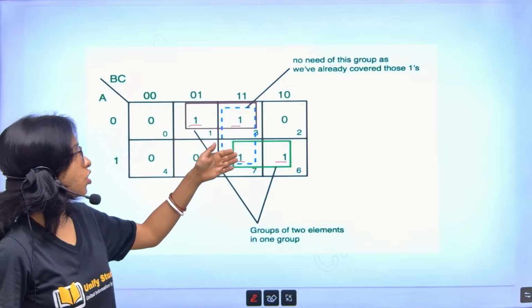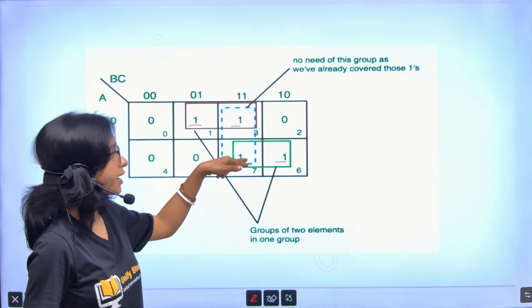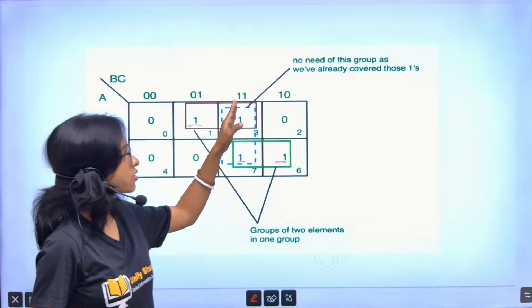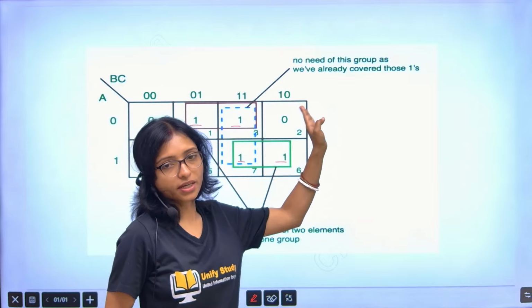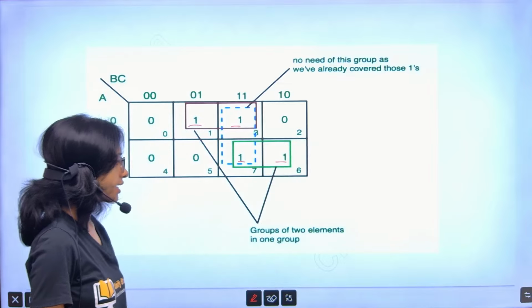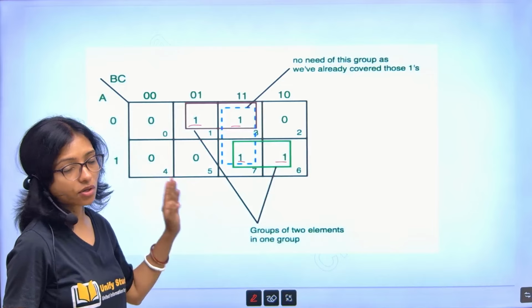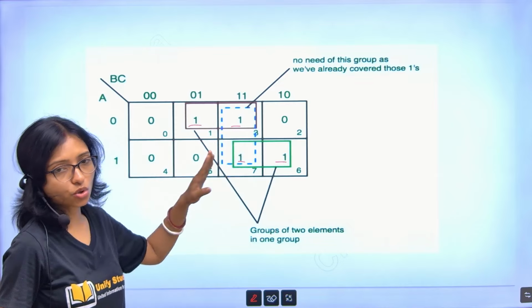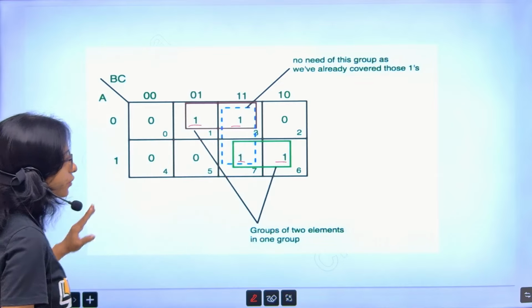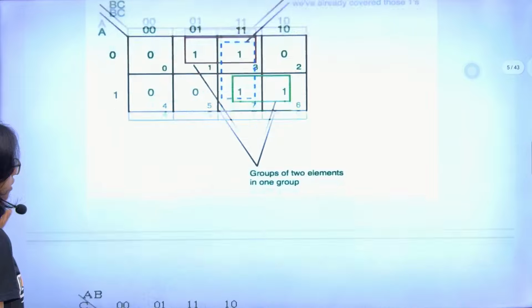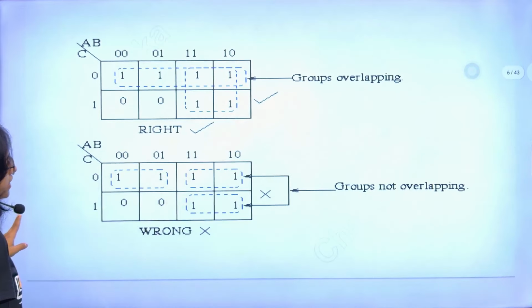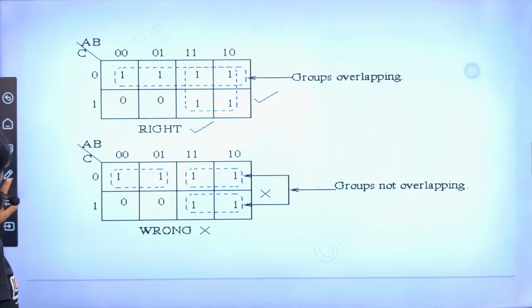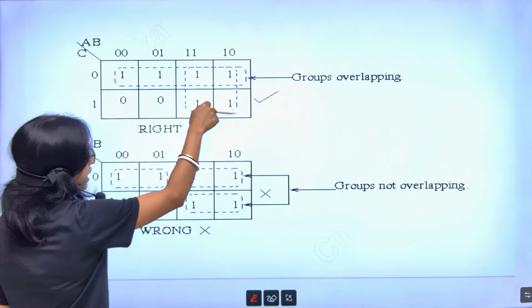When no 1 is left, then don't make an unnecessary group. This is not needed. So don't try to make any unnecessary group. Whenever required, then only do it, otherwise don't. There is no meaning in doing that. Now, here also you can see this group overlapping is allowed. This is overlapping, and this is allowed.